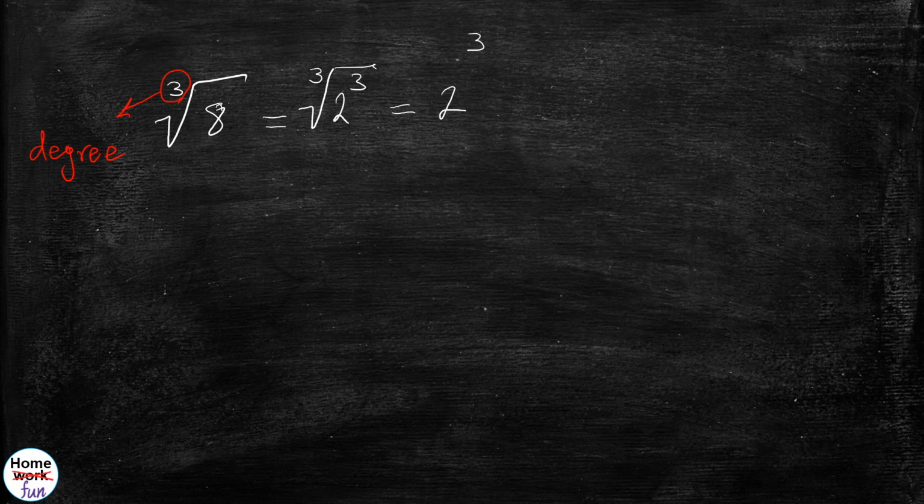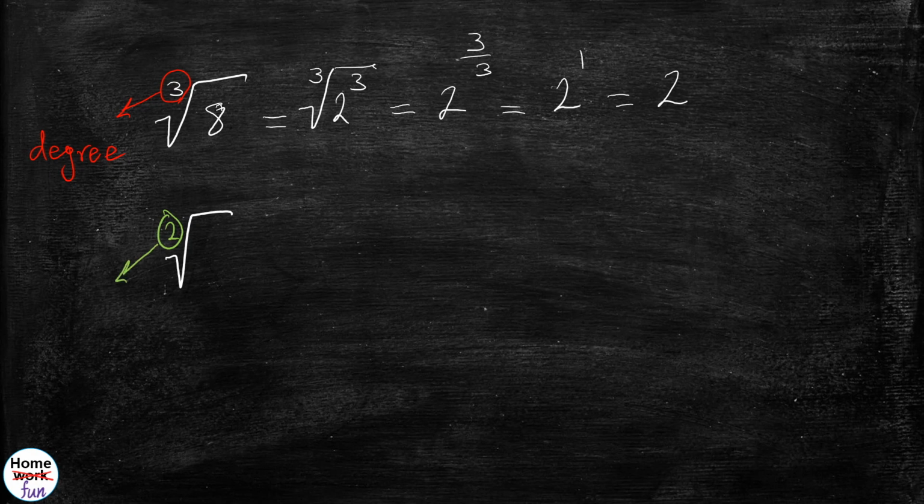So 2 to the power of 3 over 3, or just 2 to the power of 1, which we can write just as 2. So roots in general, they have a degree. For square roots, when we don't mention anything here, that means the degree is 2. It's a secret. But we don't mention it. So square roots, that means degree of the root is 2.